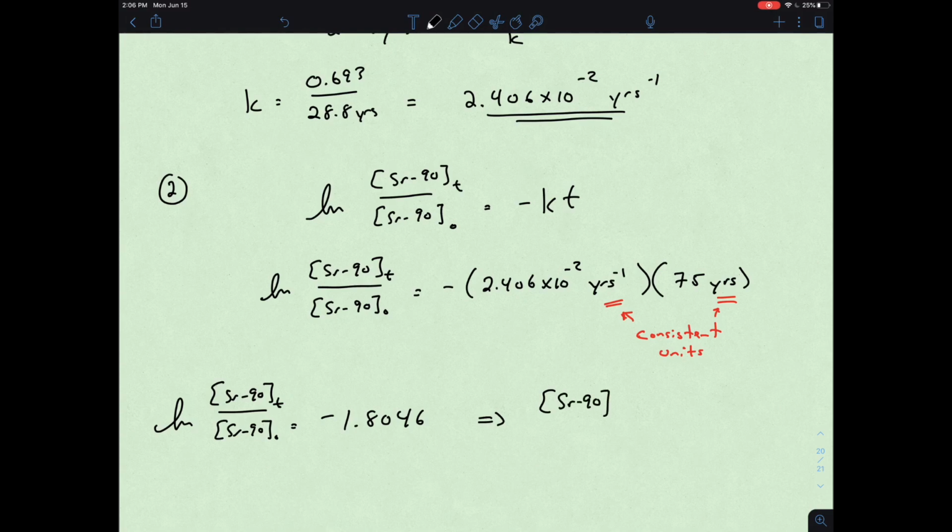So that liberates the ratio of the strontium-90. And then we have e to the negative 1.8046.